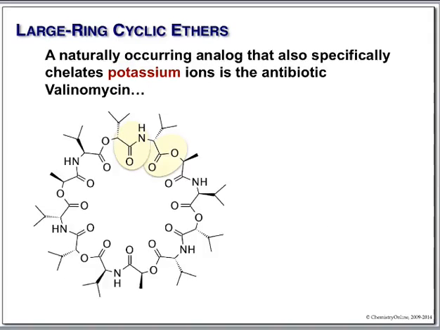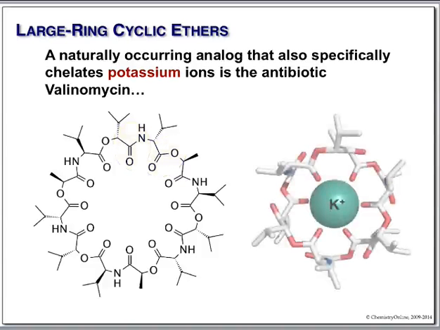When you do a 3D model of valinomycin and stick a potassium in the middle, this is what you get. These are the ester carbonyls, these guys, and they're all pointing in. The amide carbonyls are these guys, and they're all pointing out.